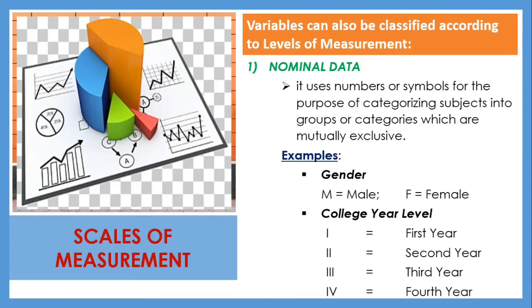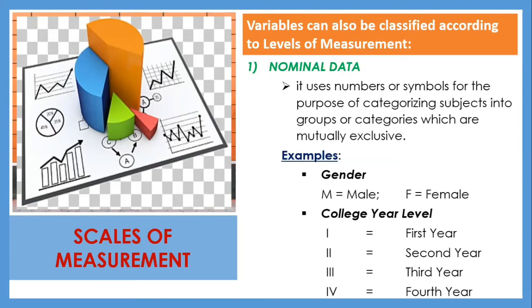If we say nominal data, it uses numbers or symbols for the purpose of categorizing subjects into groups or categories which are mutually exclusive. And again, the keywords that we should always remember if we talk about nominal data are, first, to name, and second, to label. Examples are gender and college year level.